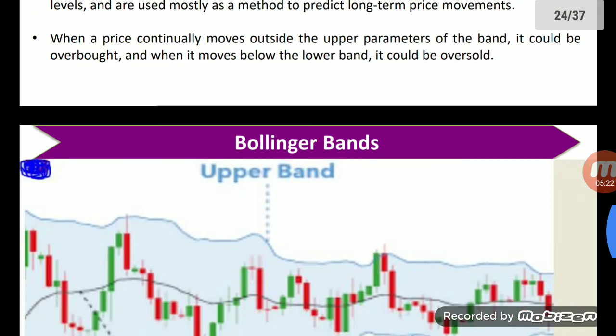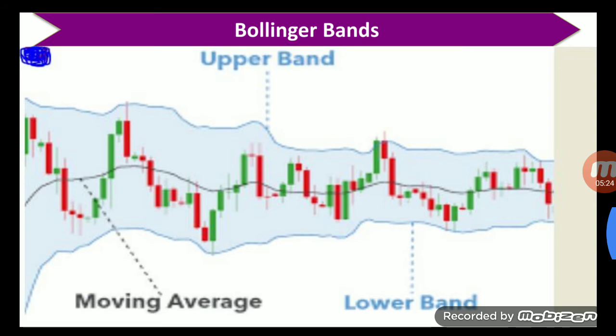So here on the graph we can see the upper band, that is the upper limit, and here the lower band, and this is the middle line. It shows the moving average.